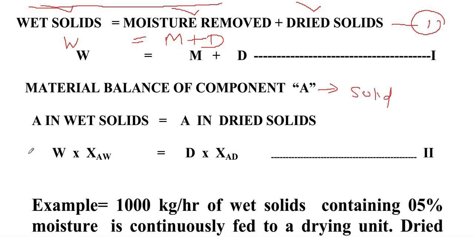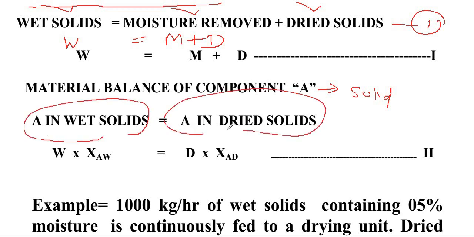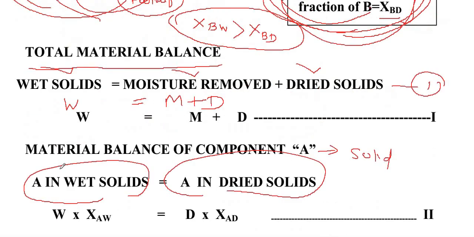Solids in wet solid must equal solids in dry solid. The solids in wet solid are given by W, the amount of wet solid, times XAW, the fraction of solids in wet solid.